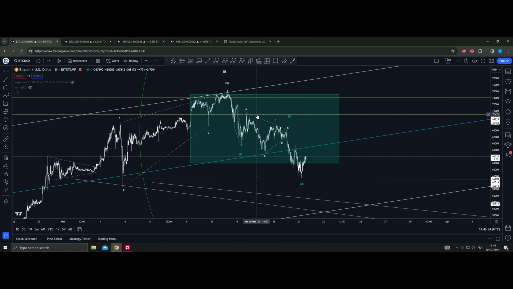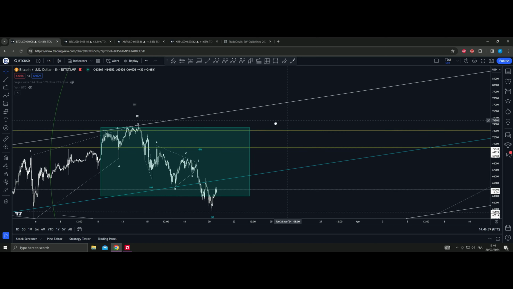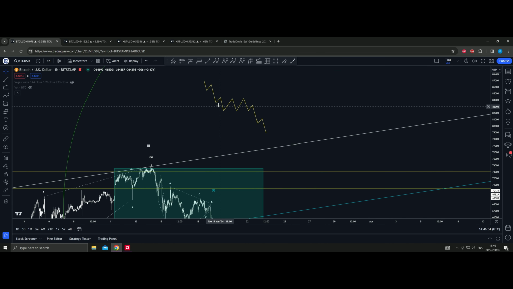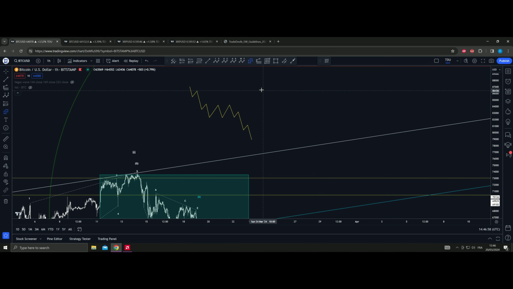The difference between a zigzag and a double zigzag is this: you need to have a motive, corrective, and a motive. And in a double zigzag, this one would be labeled ABC.